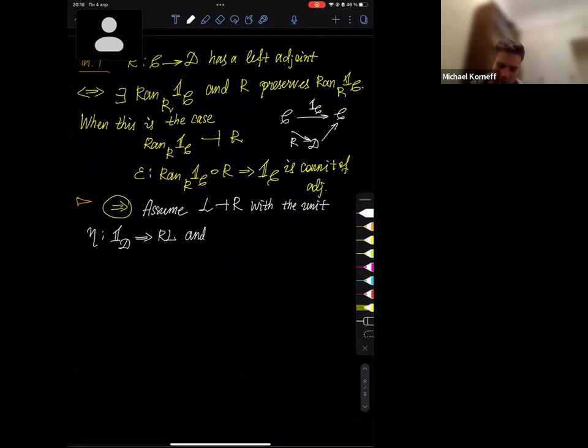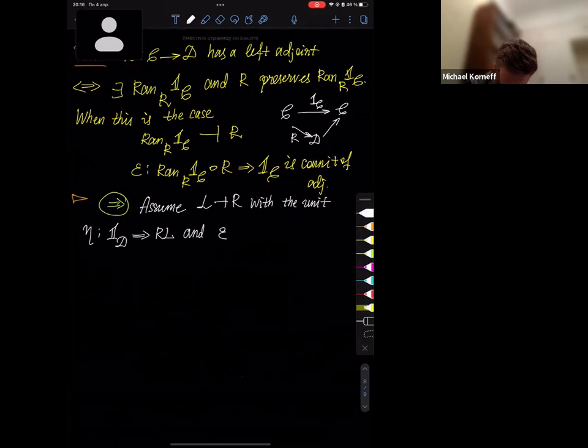Okay, assume L is left adjoint to R with the unit eta and counit epsilon.